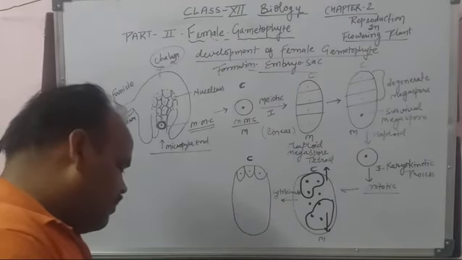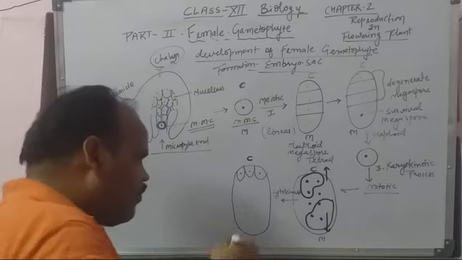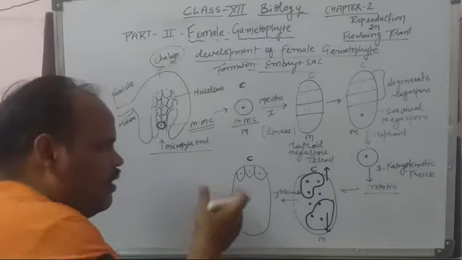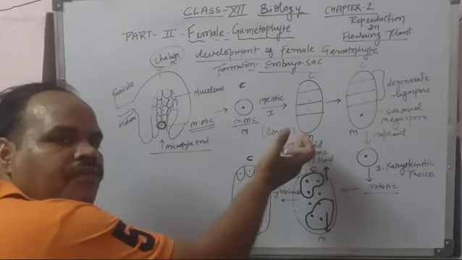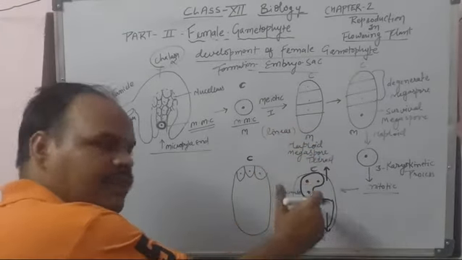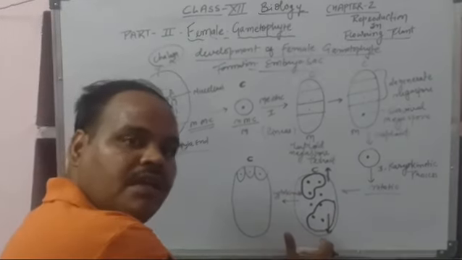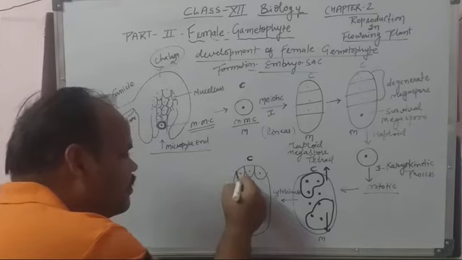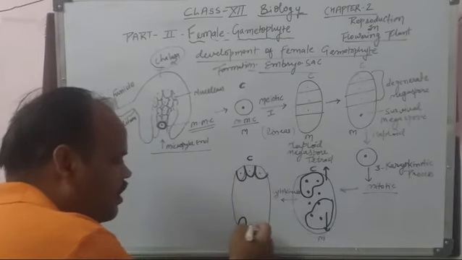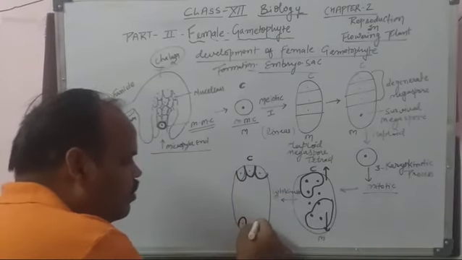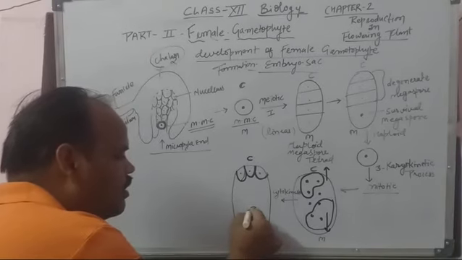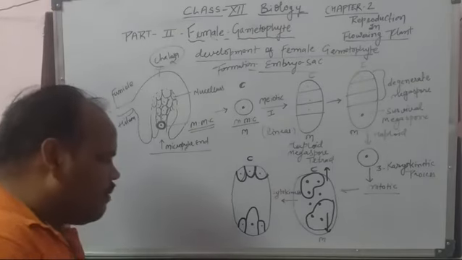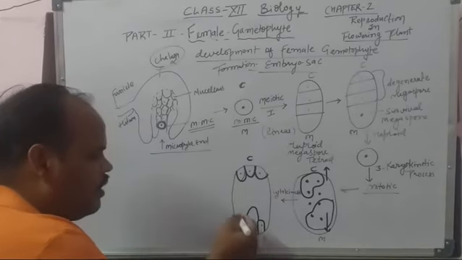So there is the formation of 6 nuclei: 3 go to the chalaza end and 3 go to the micropylar end. Now 2 nuclei are small and one is bigger.